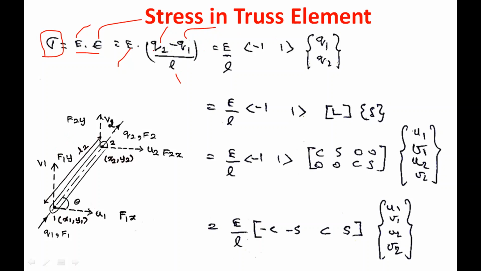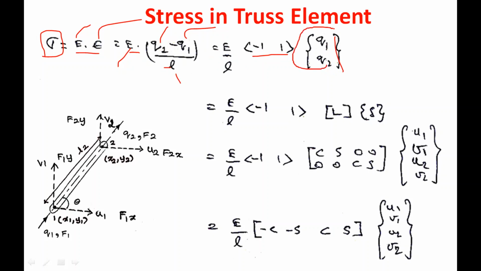When you replace these with the global displacement, you will see how the stress equation changes. So now taking E by L, Q2 minus Q1 is written in matrix form: the coefficient matrix minus 1, 1, and the unknowns Q1, Q2.